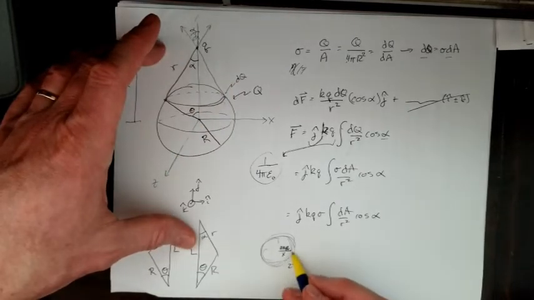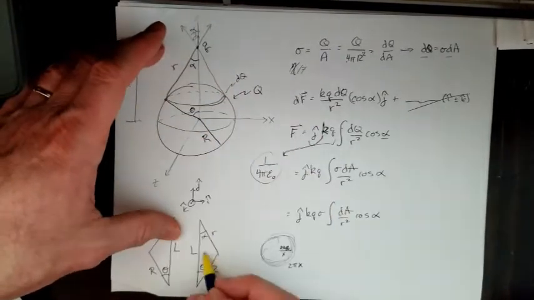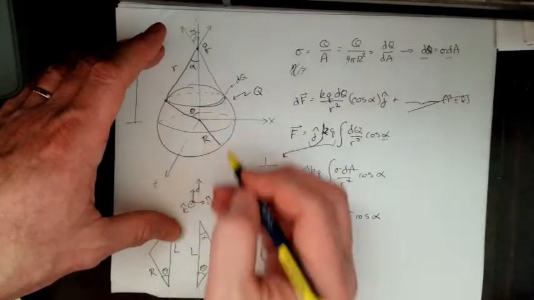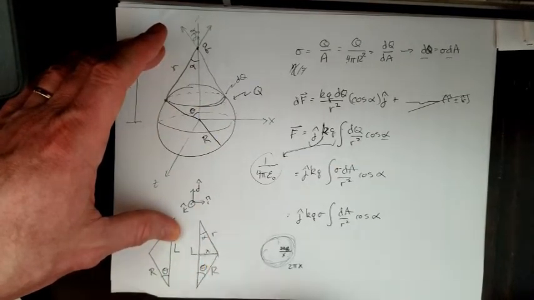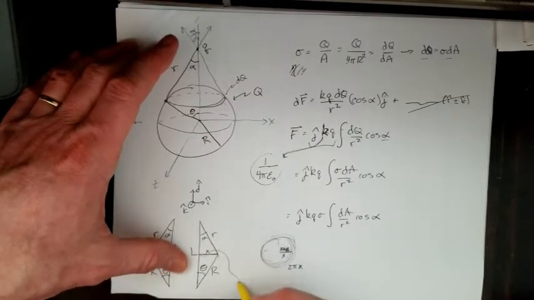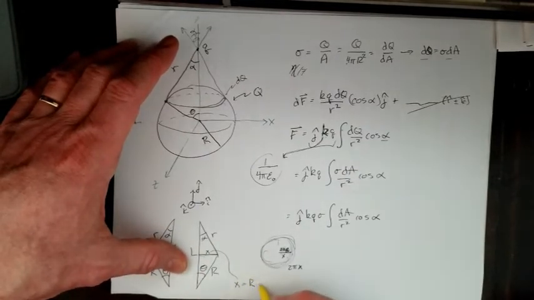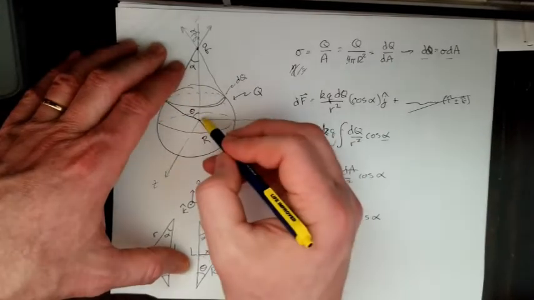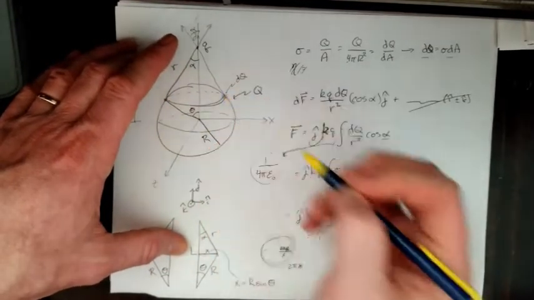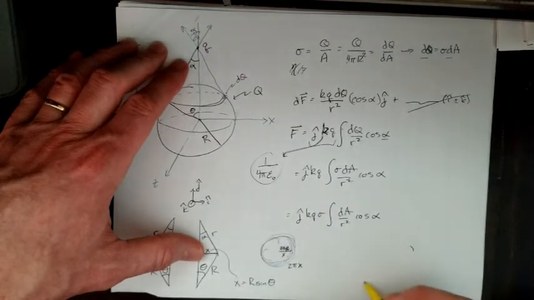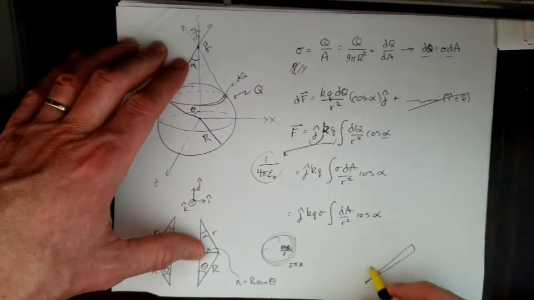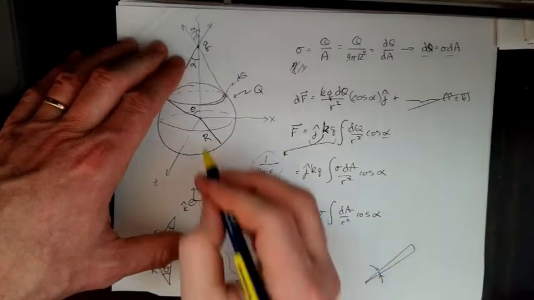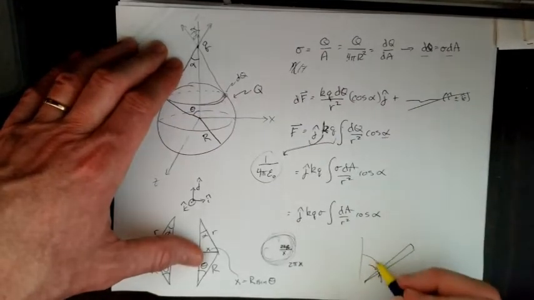So first off, what is that? Well, that radius of my hoop there is that distance right there. And so I see from this that x is equal to r sine theta. Now, the thickness of the hoop, if I take a look at this little section right there, I got my center right here. This angle here is a differential off my angle theta, because that's my theta right there.